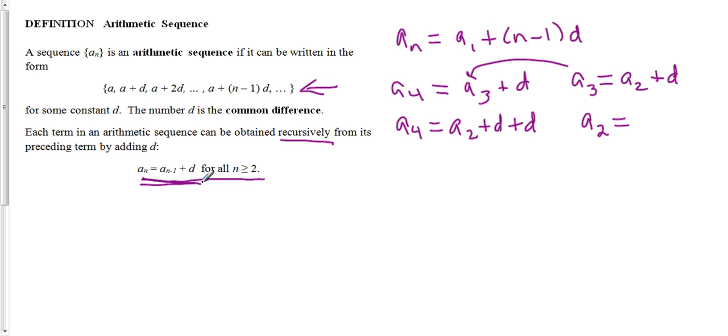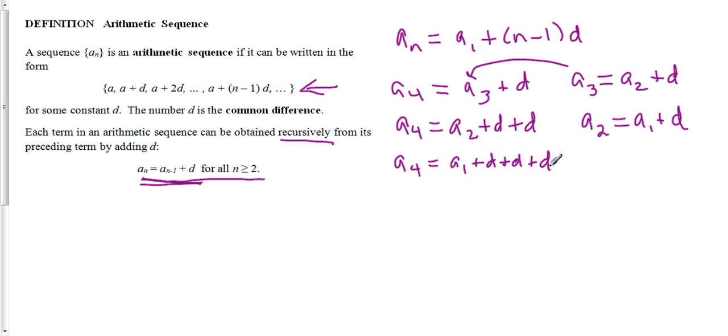But you have to ask yourself, what's a_2 equal to? Again, our formula over here tells us it's going to be the term before it plus d. So if I substitute in, I've got a_4 is going to be a_1 + d + d + d. And a_1 is the first element in my sequence.